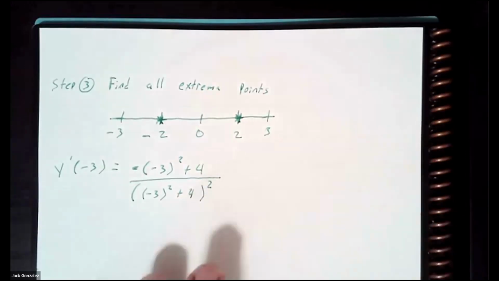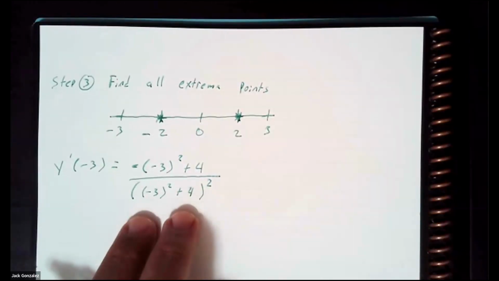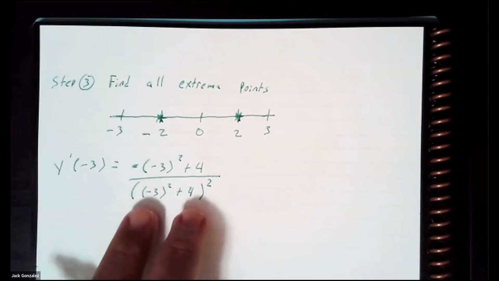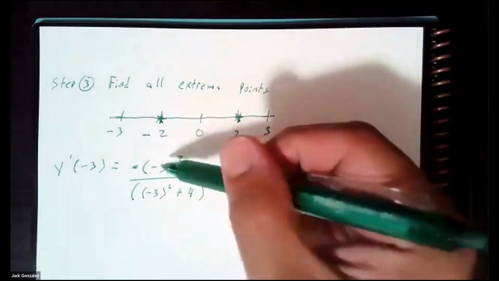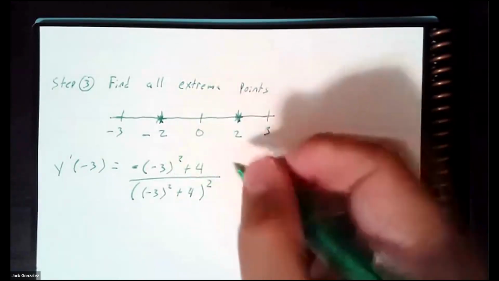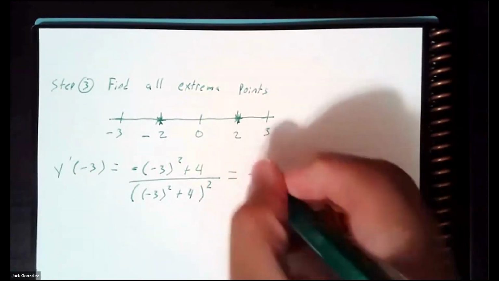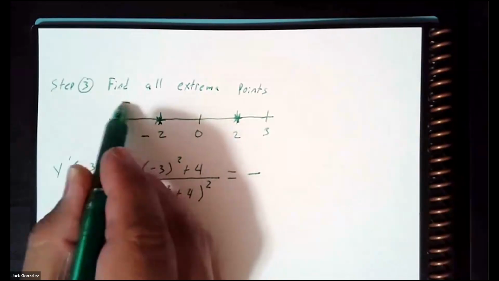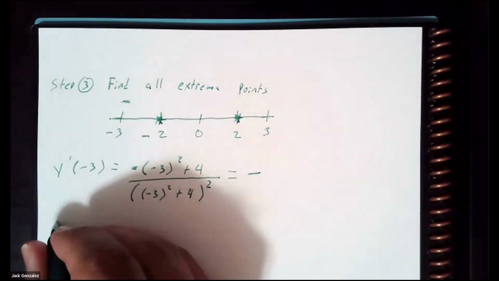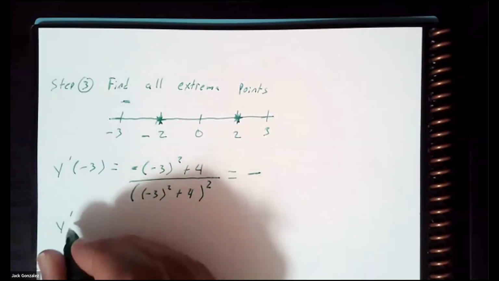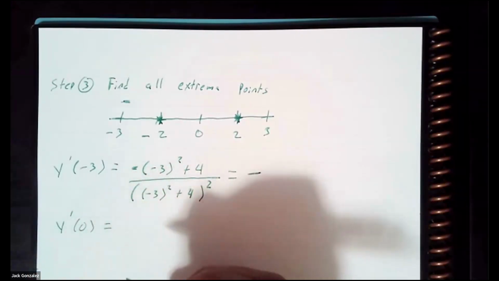Do you agree that the whole bottom is going to be positive? We're squaring the entire quantity, so there's no way this would produce a negative. And the top will be negative, so this is a negative number. I don't care what it is, though. Derivative at 0, that's the middle now.